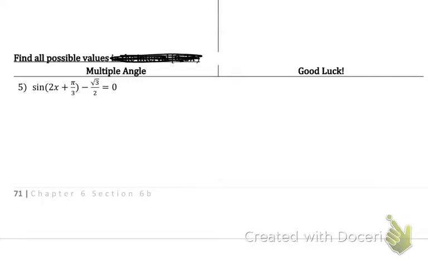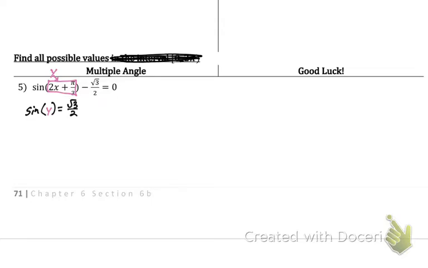So in the beginning, it's going to be fine. What we need to realize is no matter what's in the parentheses, we need to think of that as just being nothing. We could change it to y if we want to. So if I add square root of 3 over 2 to both sides, I kind of have sine of y equals square root of 3 over 2.